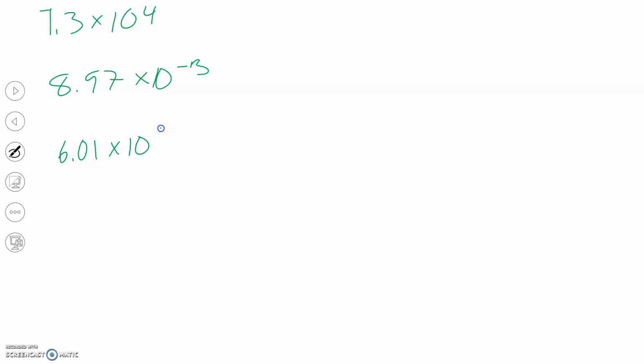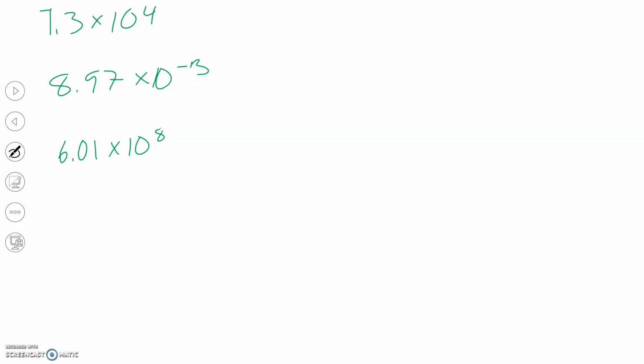Let's run through a couple of examples. I'll give you the examples, allow you time to pause it, and try converting back. So let me just scribble some of these down. Let's do 7.3 times 10 to the 4th. 8.97 times 10 to the negative 3rd. 6.01 times 10 to the 8th.